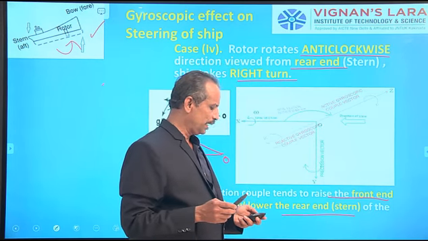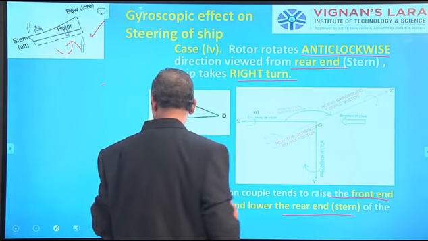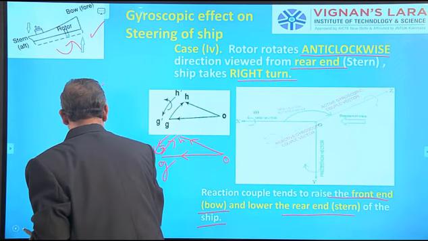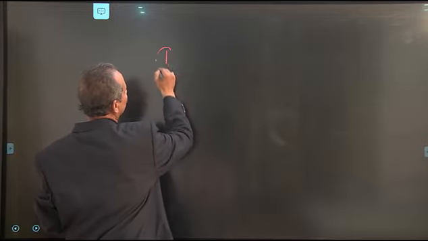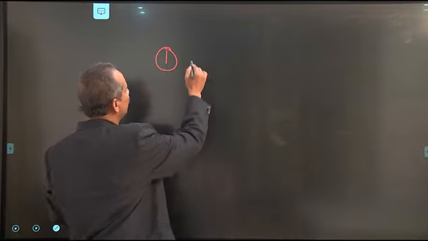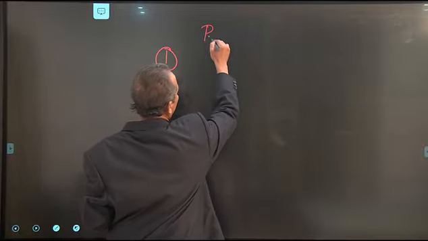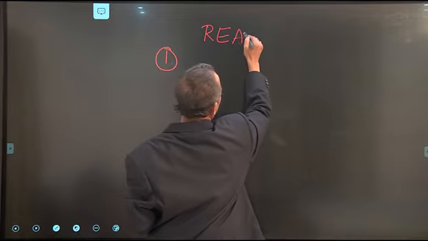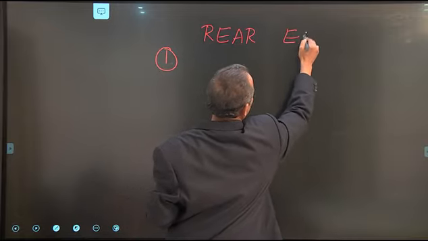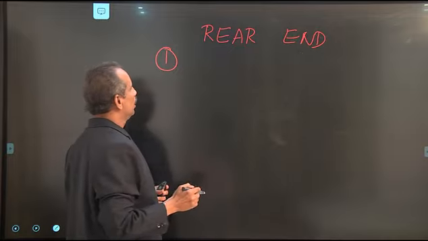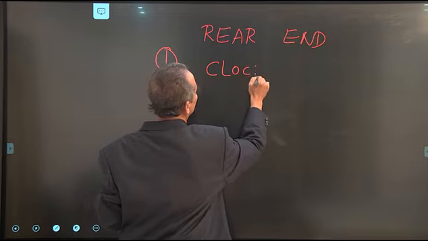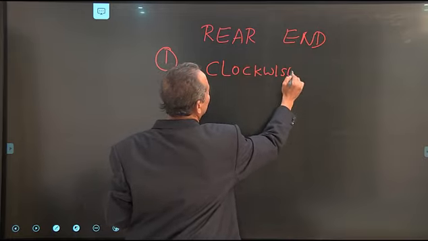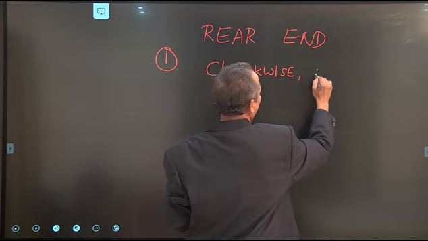Okay, let me summarize like this. 4 cases we said. Case 1, that is looking from rear end, in all cases from rear end. Rotor rotates clockwise direction and taking left turn.